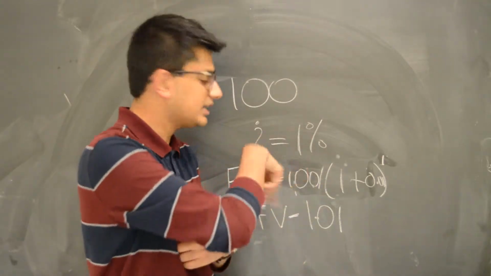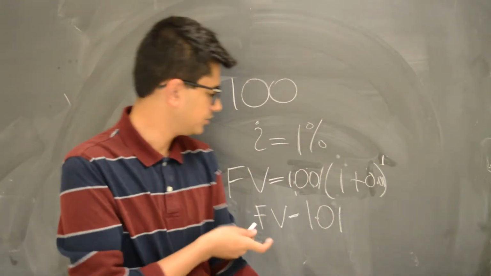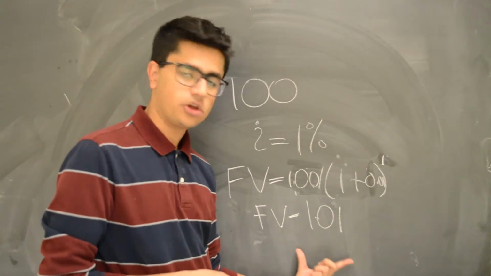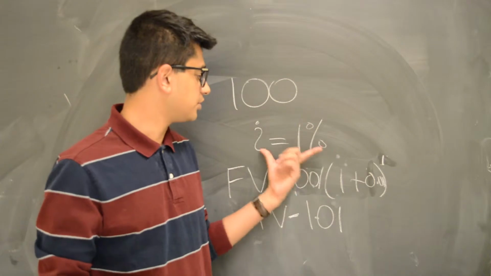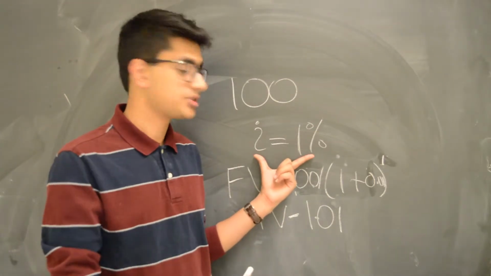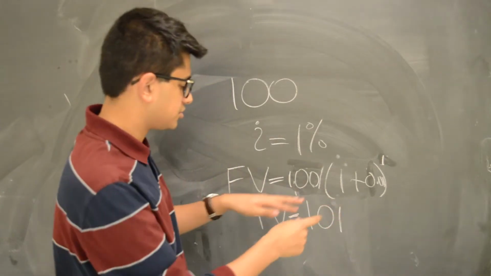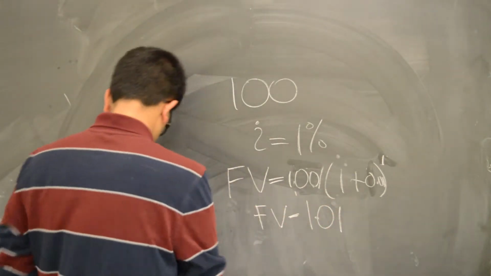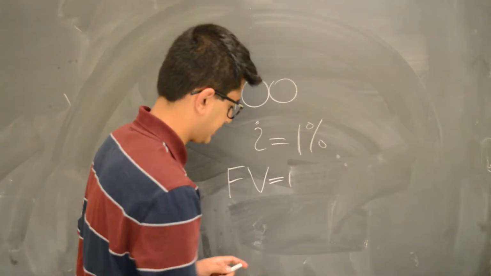Similarly, we can use the reversal of this formula as well. So let's say I tell you, you have $101 1 year from now. If the prevailing interest rate is 1%, how much is that today? You can simply rearrange this formula, and I'll write it out again.